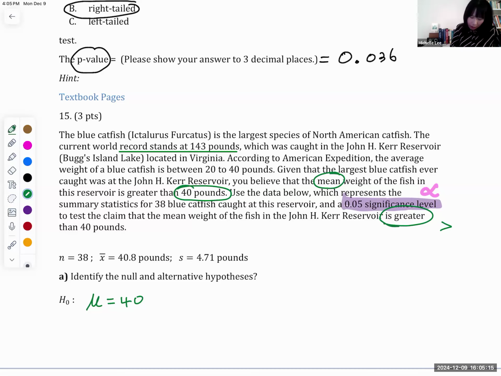So average weight is between 20 to 40 pounds. To reference number 38 blue catfish caught in those. Okay, oh, they already give us everything here.